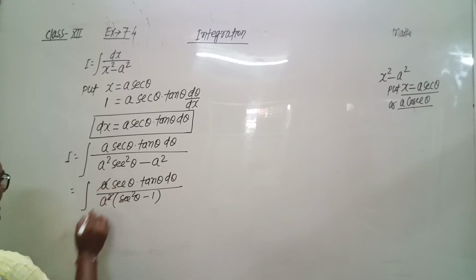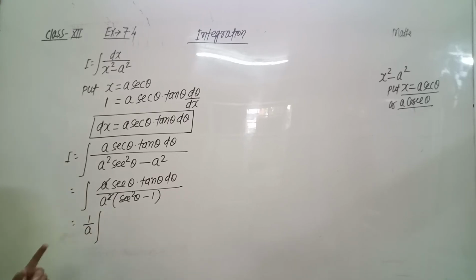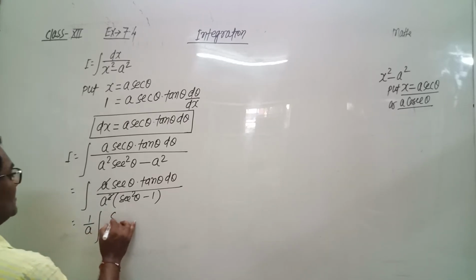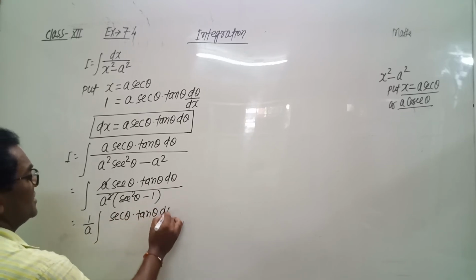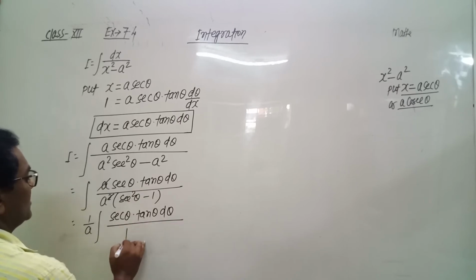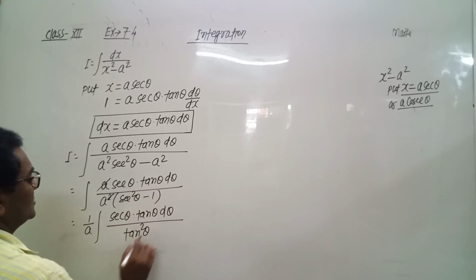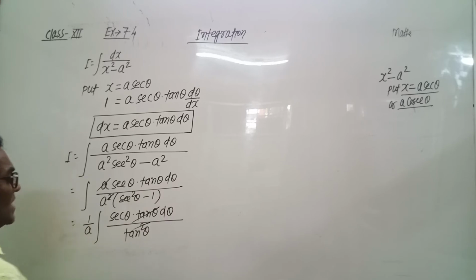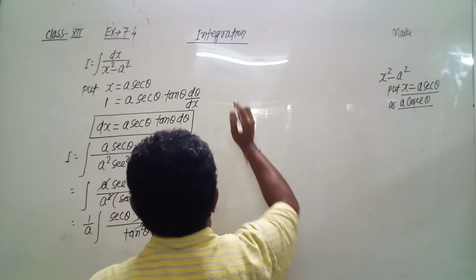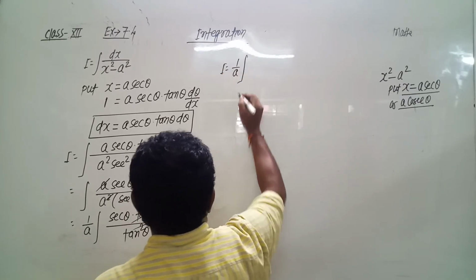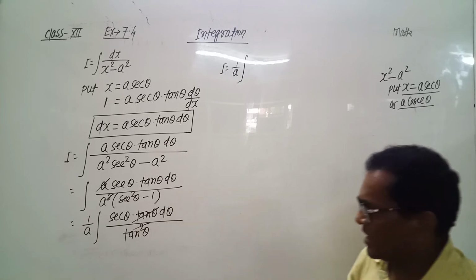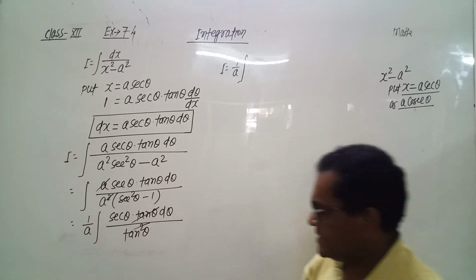One a gets cancelled, and 1 by a is taken outside as a constant term, and sec theta tan theta d theta, and sec square theta minus 1 is written as tan square theta. So one tan theta gets cancelled, and we get I equals 1 by a integration of sec theta upon tan theta d theta.